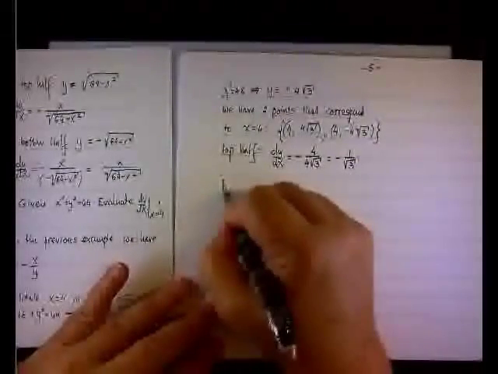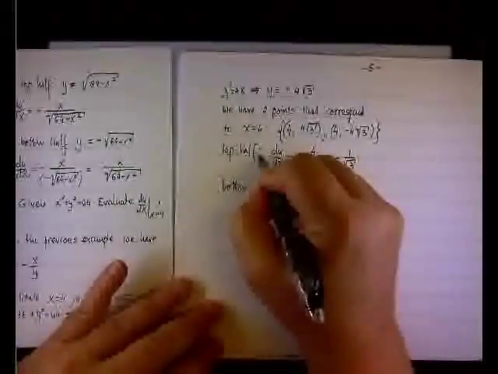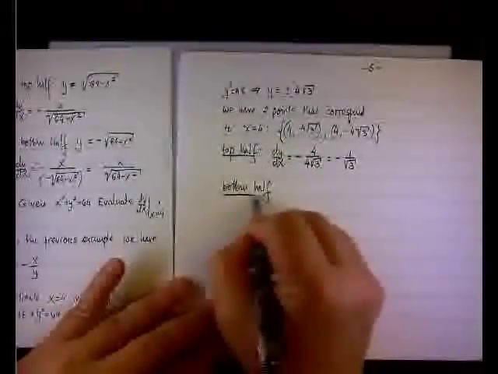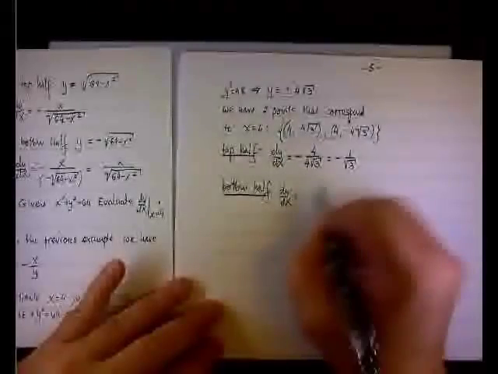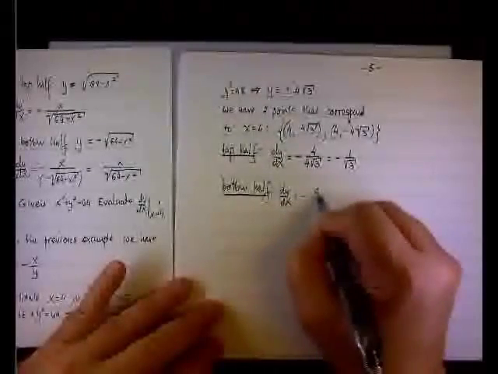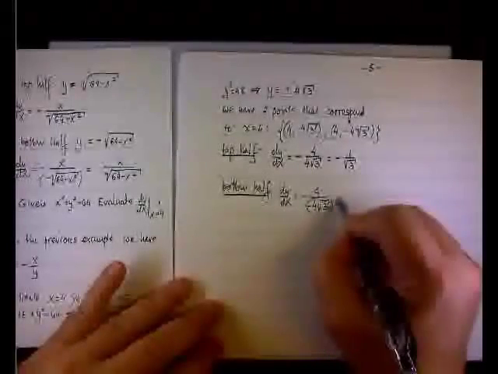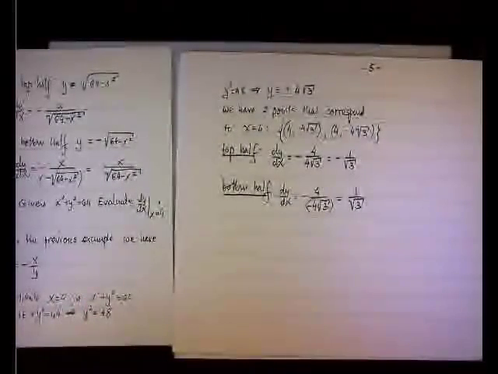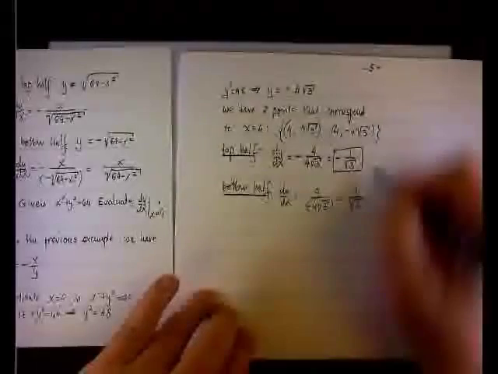And bottom half, the derivative will be negative 4 divided by negative 4 square root of 3, and we know to expect a positive value. Okay? So those are the 2 specific results.